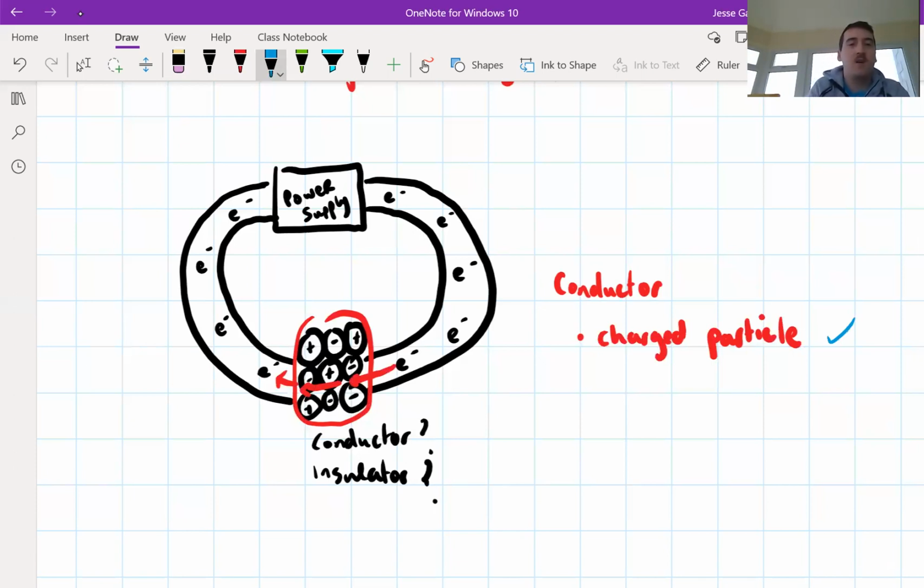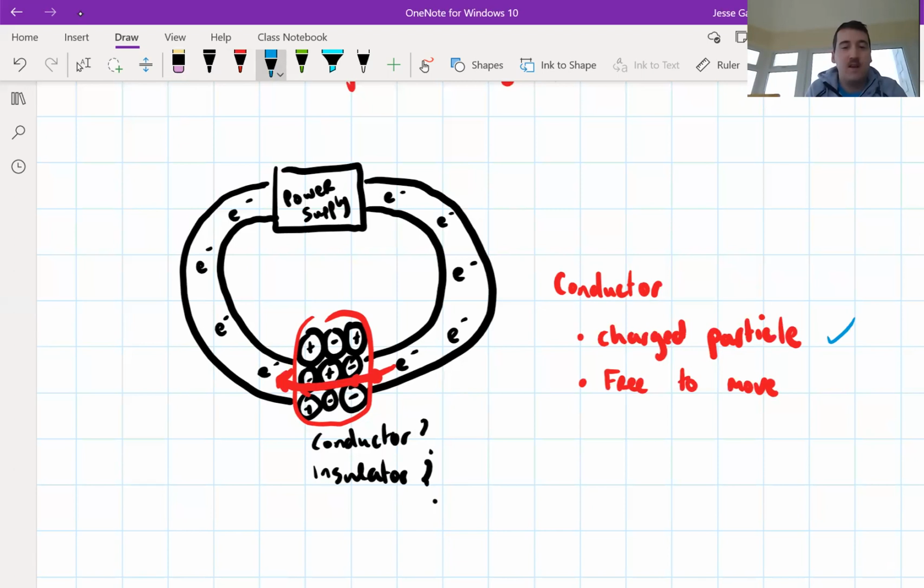But conductors need to have another thing. They need to have their charged particles free to move. So they need to be able to pick up energy here and flow and actually move over to here. Unfortunately, in a crystal lattice like this, all of the ions are fixed in place.